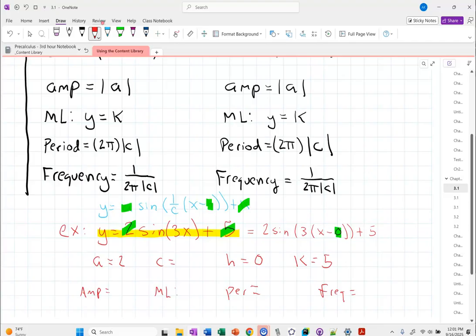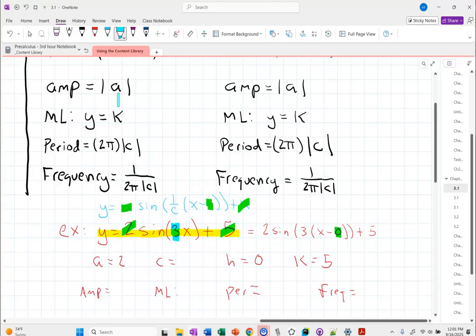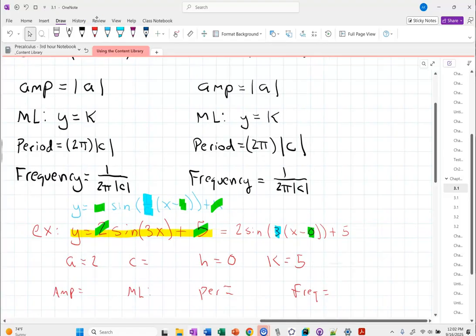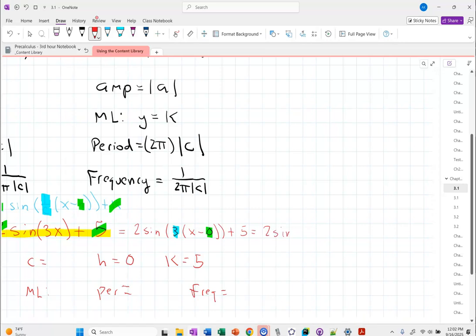Okay. But I still have a little bit of a problem here, because I have 1 over c in my formula, but I don't have a fraction here, right? Well, 3 over 1 is not 1/3. That's not the same thing as 3, right?